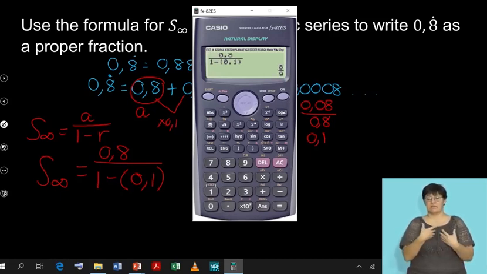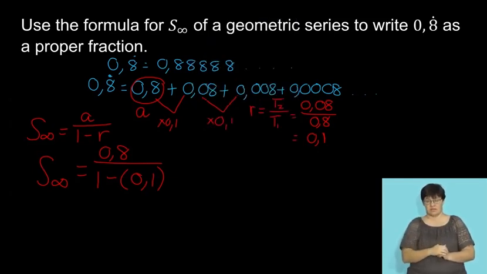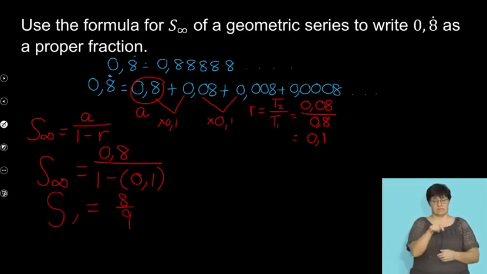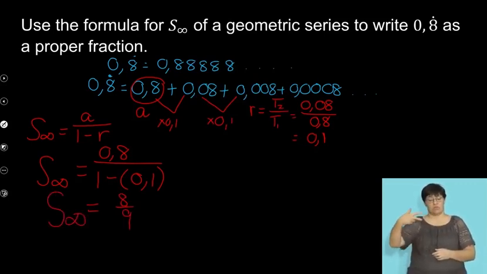This is going to give me a final answer of 8 over 9. So the sum to infinity for 0,8 recurring can be written as 8 over 9.